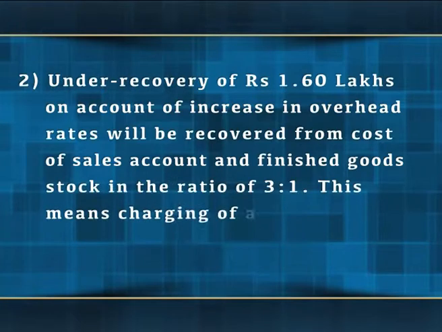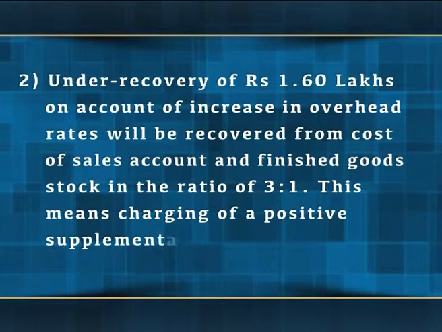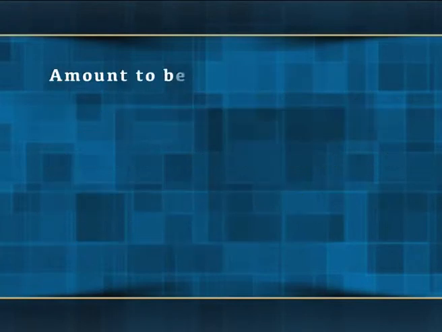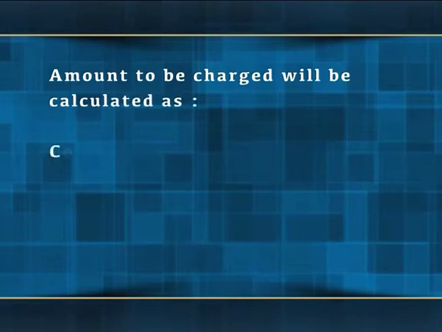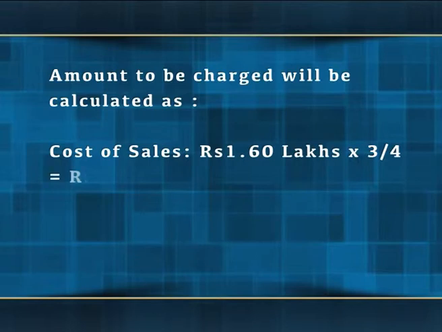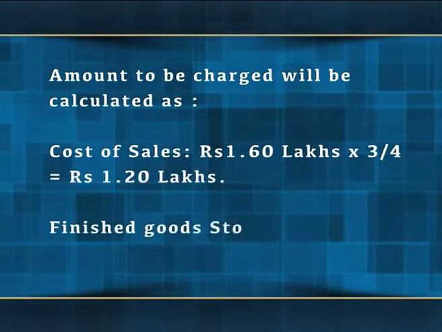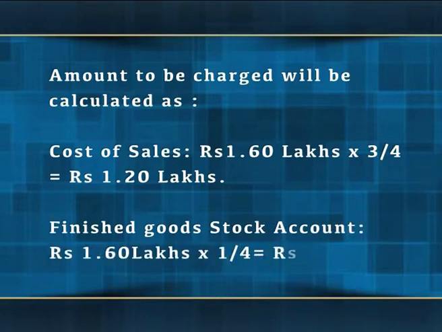This means charging of a positive supplementary rate. Amount to be charged will be calculated as: cost of sales is Rs 1.60 lakhs into 3 divided by 4 is equal to Rs 1.20 lakhs. Finished goods stock account is Rs 1.60 lakhs into 1 divided by 4 is equal to Rs 40 thousand.